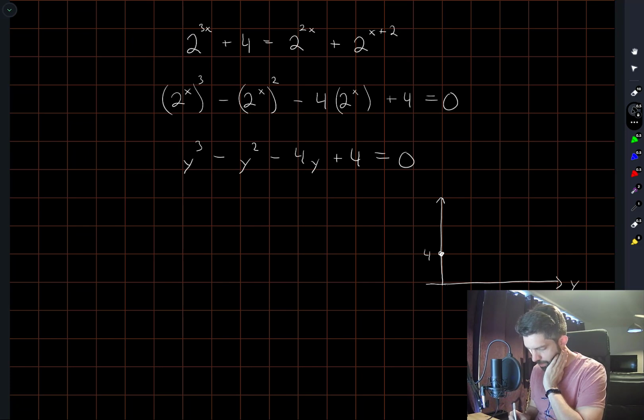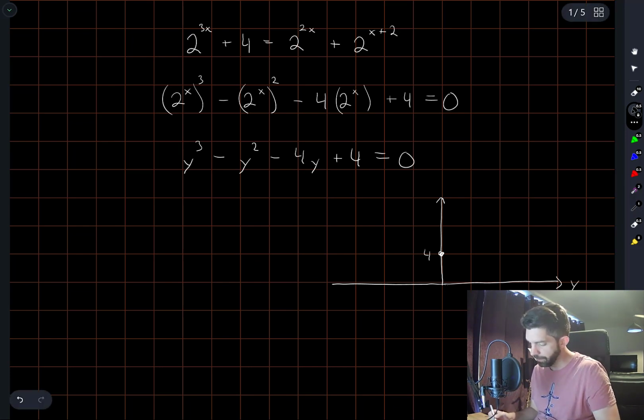We're not really concerned with negative values of y because a negative value of y will not give us a real value of x. But we know that when y approaches negative infinity, the graph of this will go off to negative infinity.